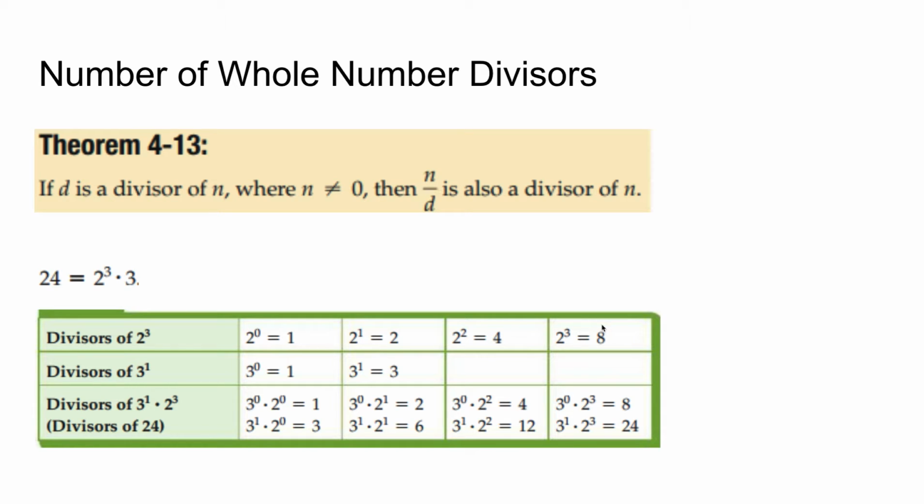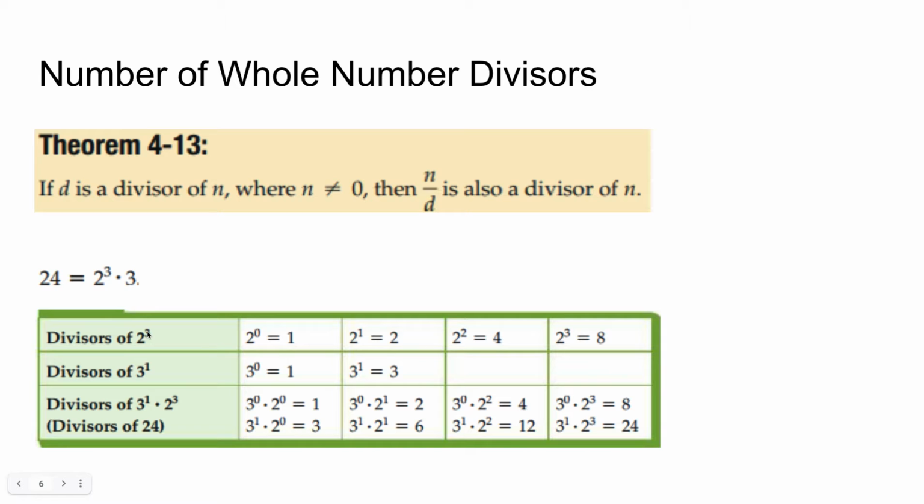Okay, I want you to pay attention to the changing number. I said 2 cubed has 4. So think about the relationship between 3 and 4 factors. And think about divisors of 3 to the 1 power. I have 2 factors, 1 and 3. When you have 3 to the 1 power, you have 2 factors.